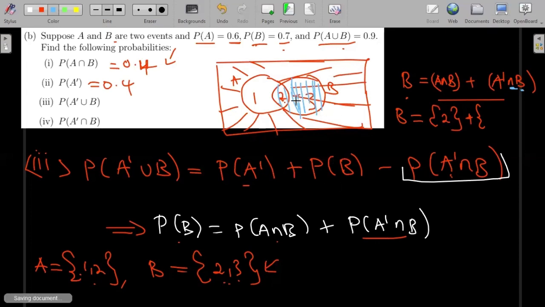It's just this part here, so A complement intersection B would just be this 3. I'll write 3 there. When I add this, I still get my B, which is 2, 3. So this equation is true.